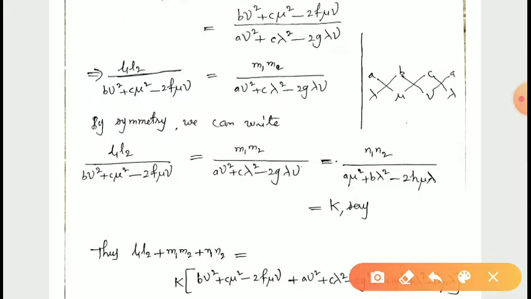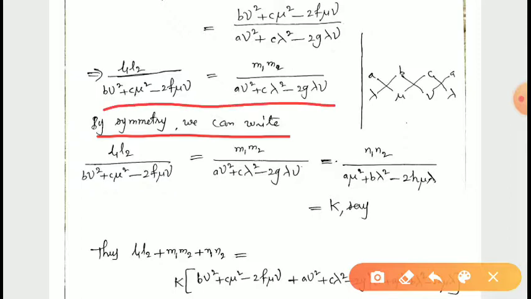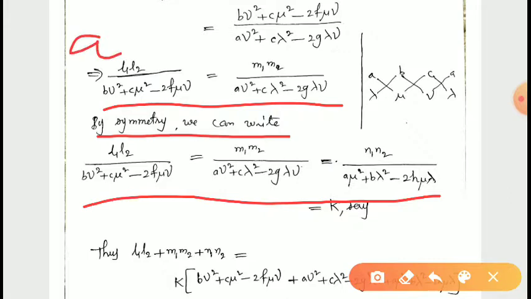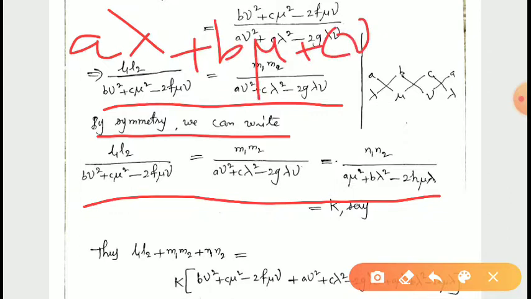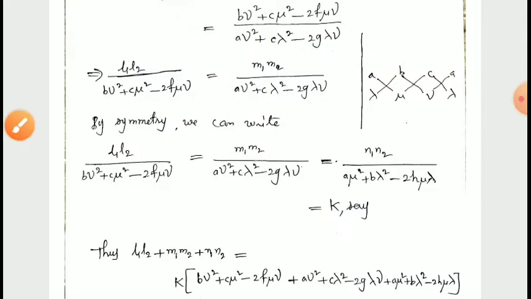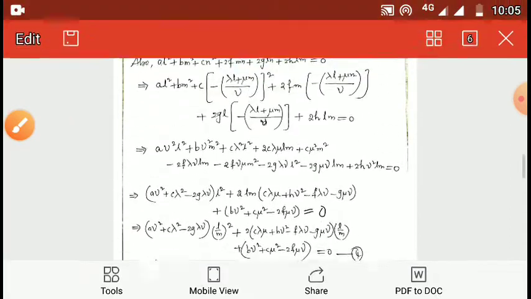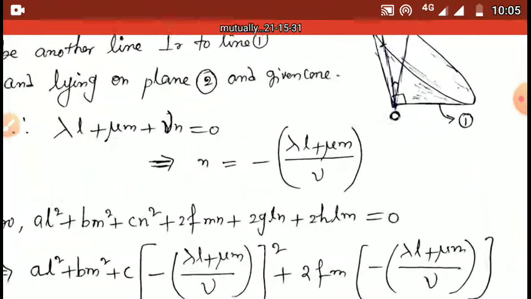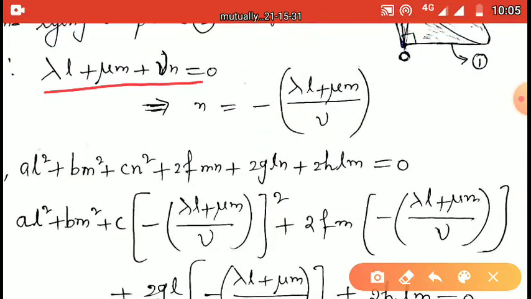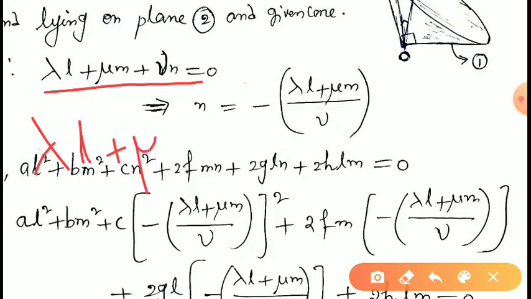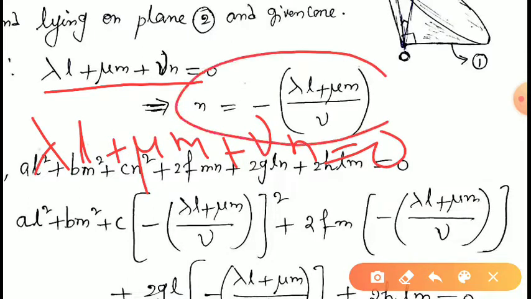So by symmetry we can extend this equality up to 3 terms. What is the meaning of symmetry here? We have a lambda plus b mu plus c nu is equal to 0. See this, lambda L plus mu m plus nu n is equal to 0. We have taken n here, we can take m also.